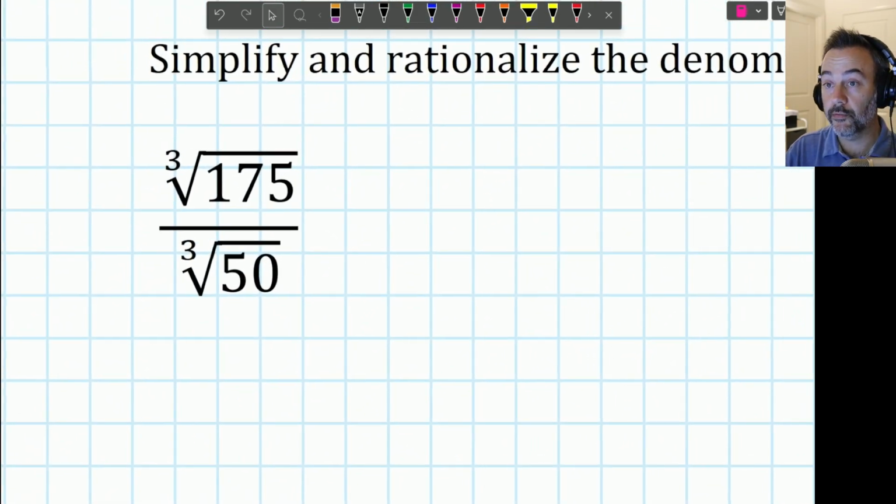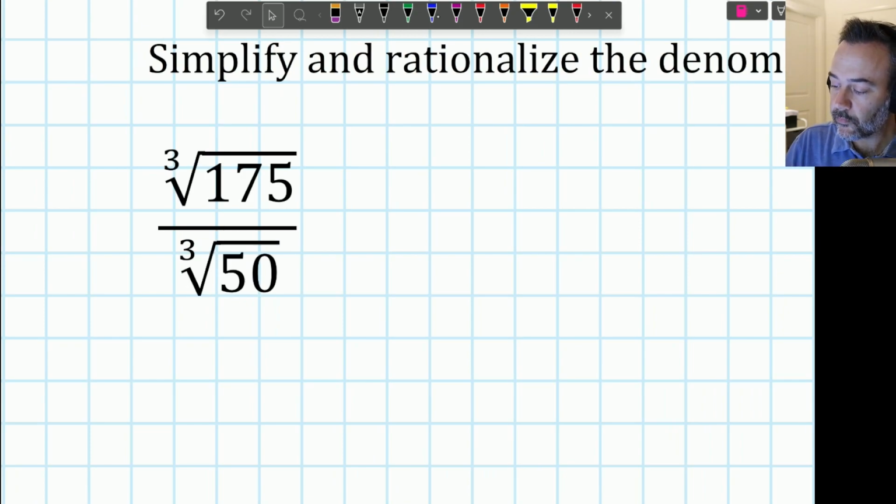Okay, what do we do when we have cube roots? Okay, so first thing is, if you think about your perfect cubes, 1, 2 cubed is 8, 3 cubed is 27.